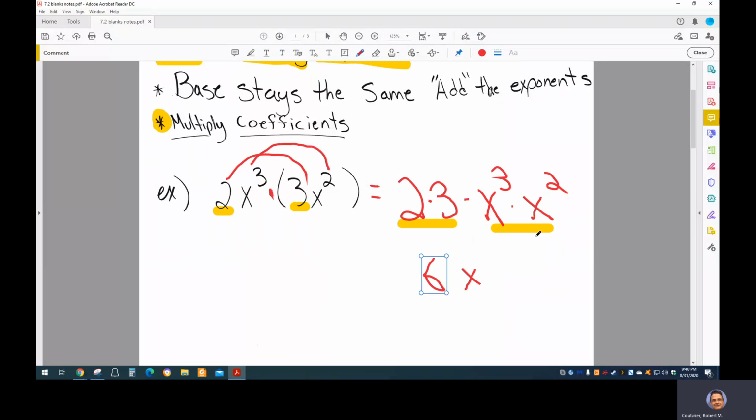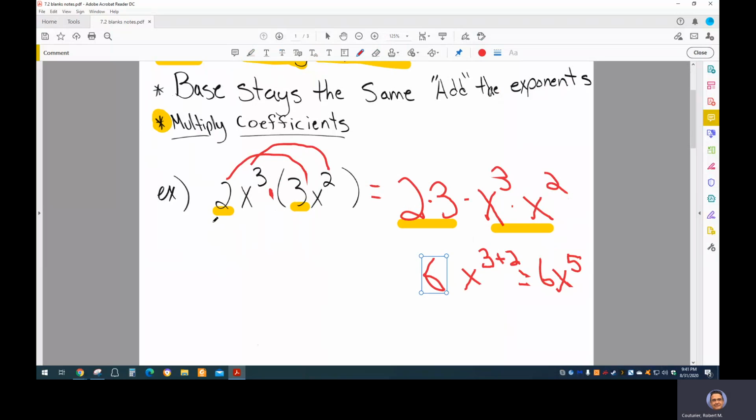Add the exponents. And our exponent is 3 and 2. And now we can go ahead and finally simplify that. So you're going to have a 6x, and 3 plus 2 is 5.